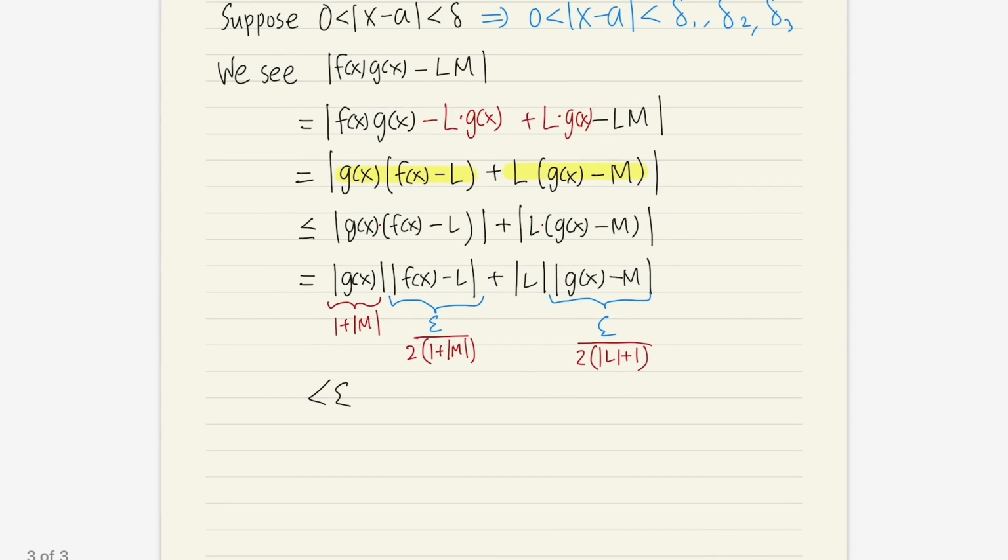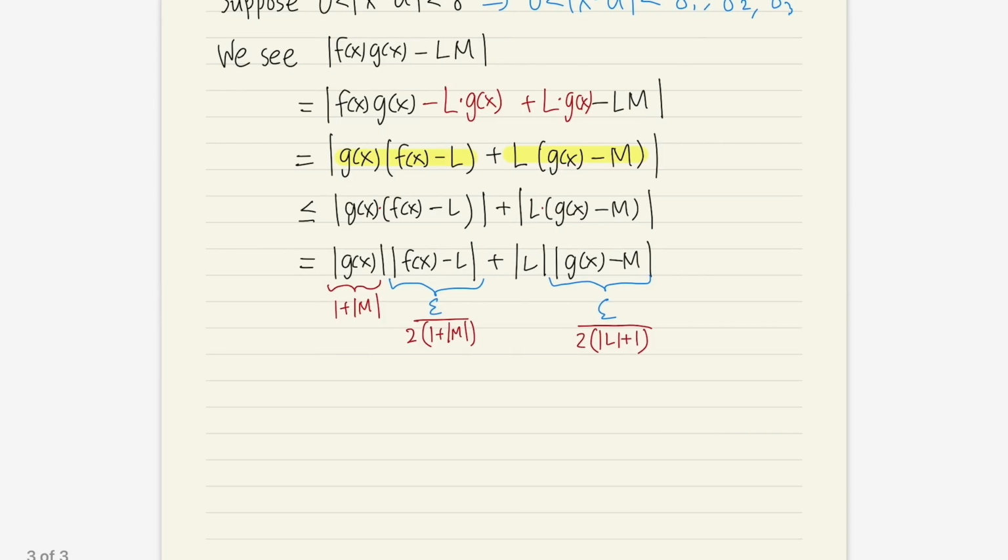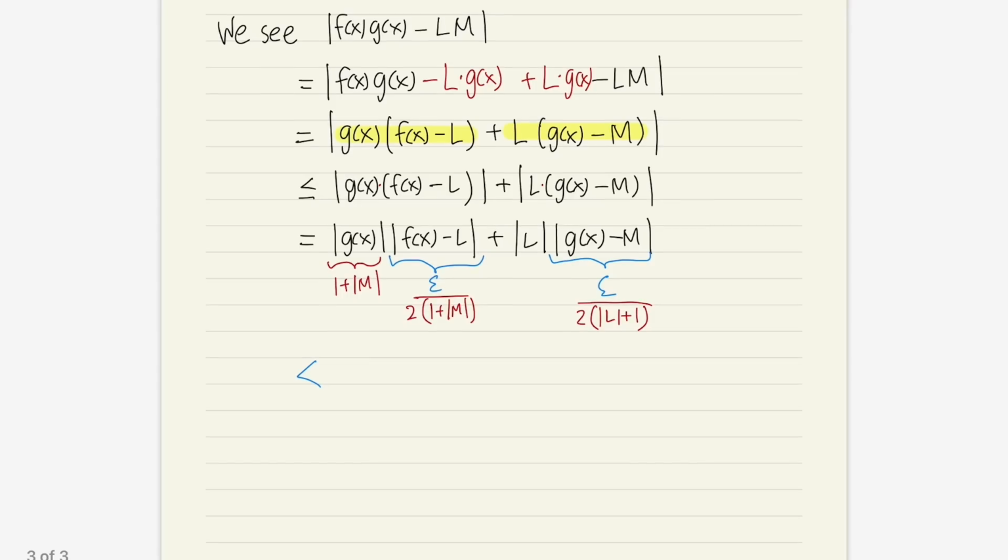That's perfect. Perhaps I will erase the less than epsilon because we have to work it out a little bit more legitimately. So now, let's focus on this part and then let's write it out carefully. Well, we will end up with a less than. First off, we know that this thing is less than 1 plus absolute value of m. So that's good. And then let's also write down the rest.